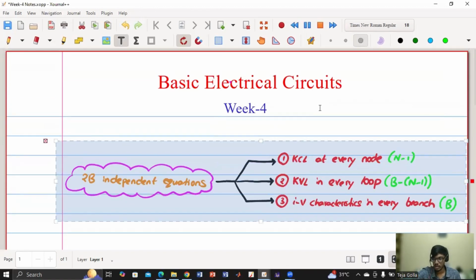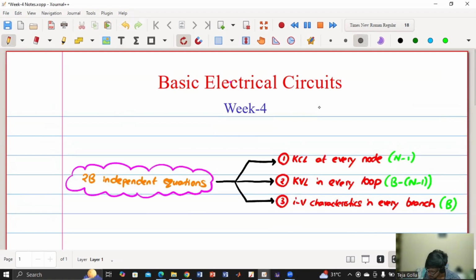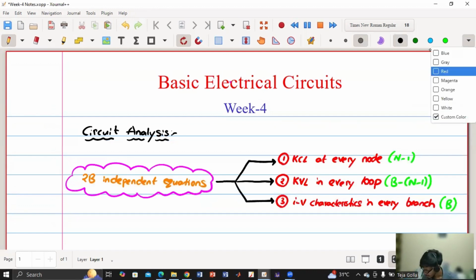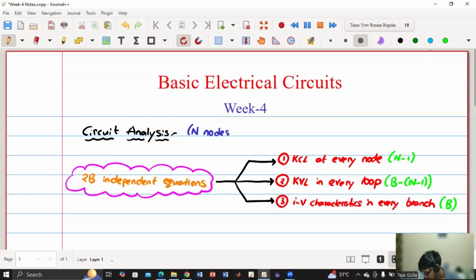So if we discuss the circuit analysis, which we have discussed in the last week, if there exists a circuit with n nodes and b branches, then we have realized that we need to get 2b independent equations, because we need b voltages and b currents.